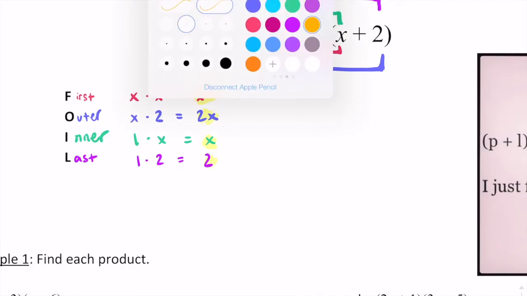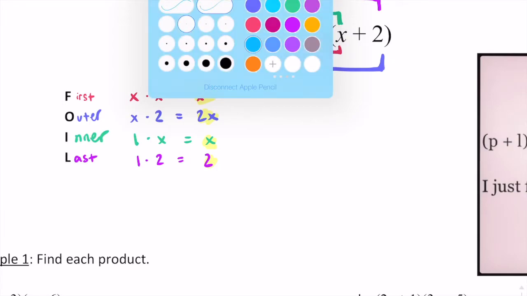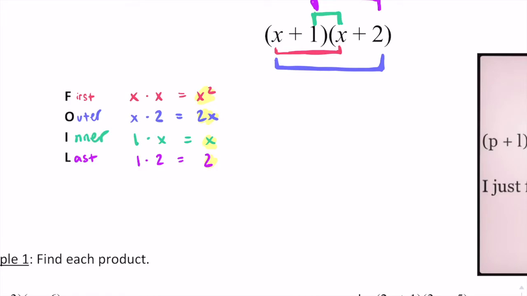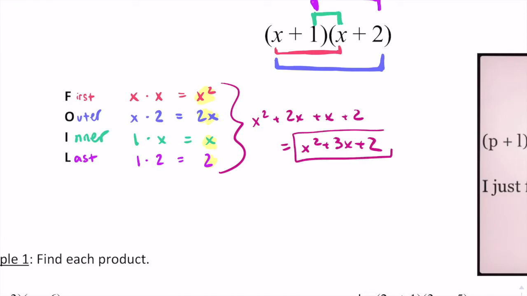So x squared plus 2x plus x plus 2. You get x squared plus 3x plus 2 as your product. This is tricky. It's a lot of work. Once you figure it out, it gets easier and easier, but the first time is always going to be a little challenging.